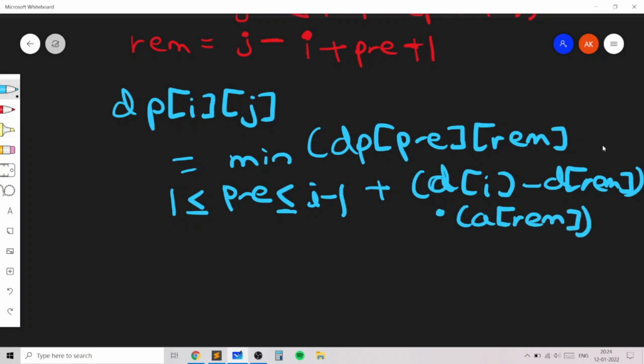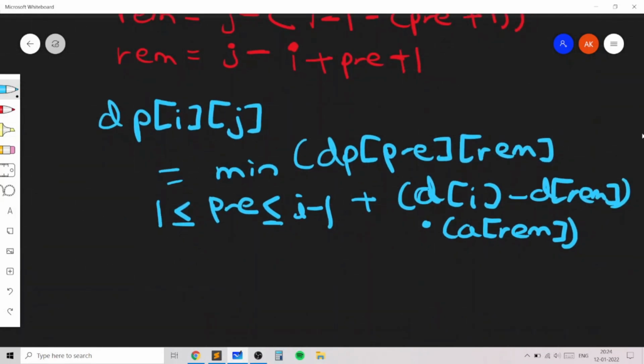So this is the final recurrence, and now that's all for this problem.